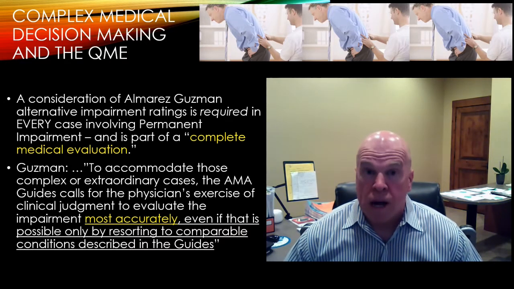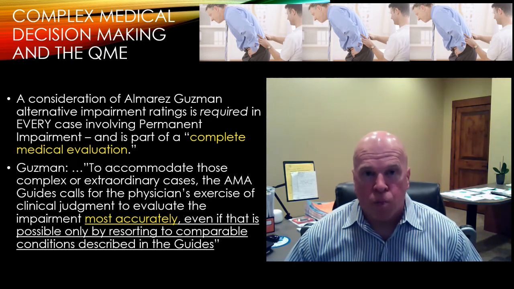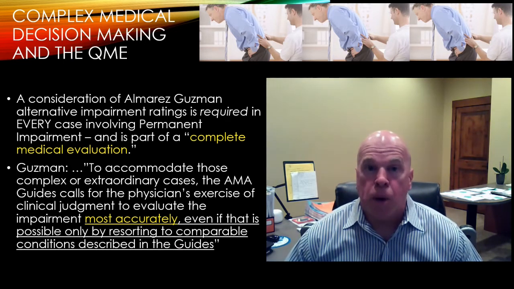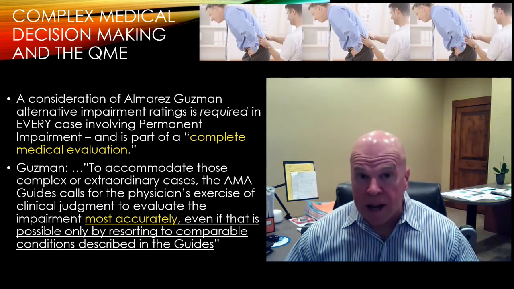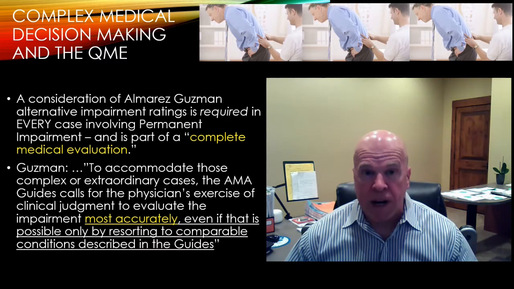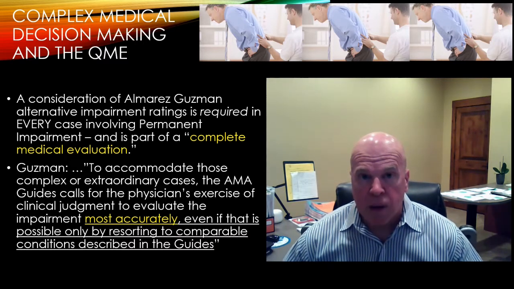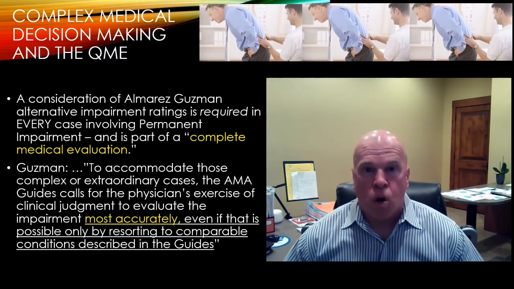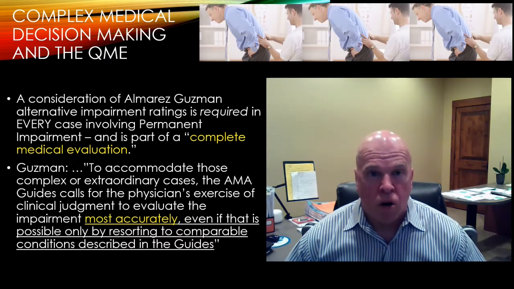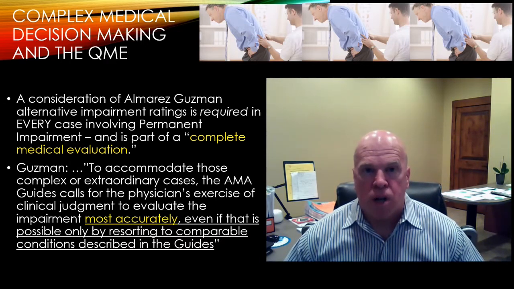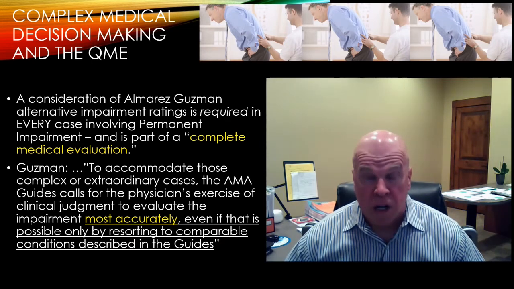But it's now required that in every single case wherein you provide a permanent impairment rating for your examinee, you first provide a permanent impairment rating under the strict application of the AMA guides, and that you also consider the possibility of other alternative impairment ratings under Alvarez and Guzman in every single case.